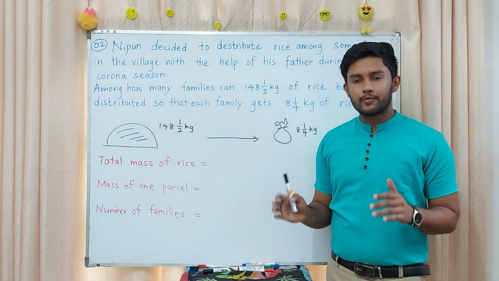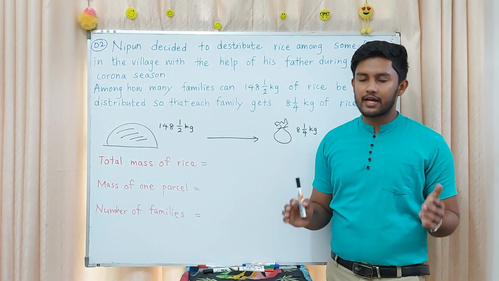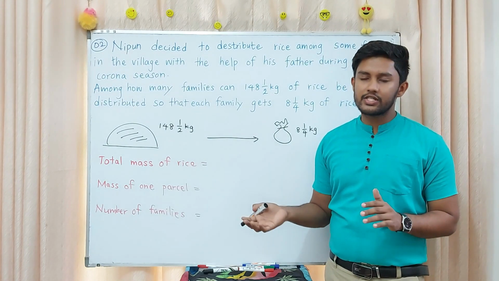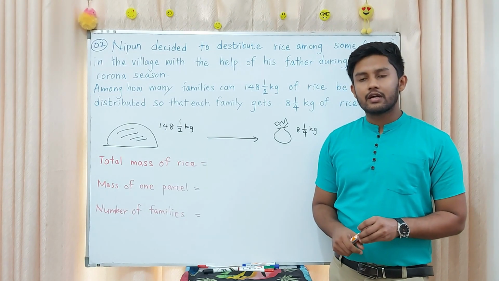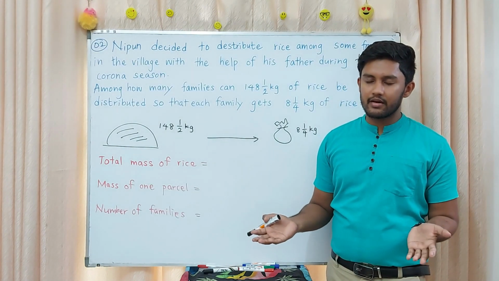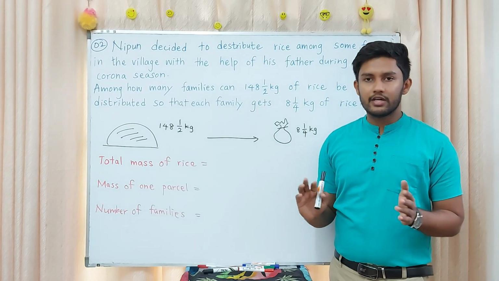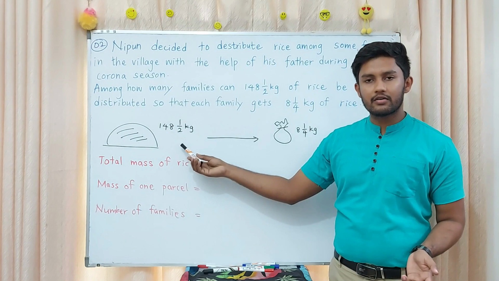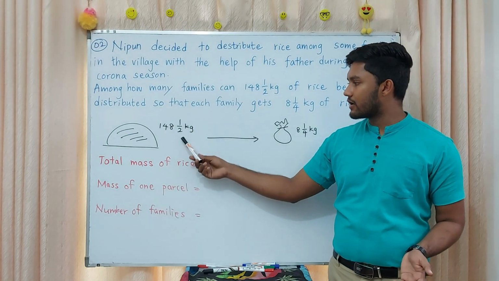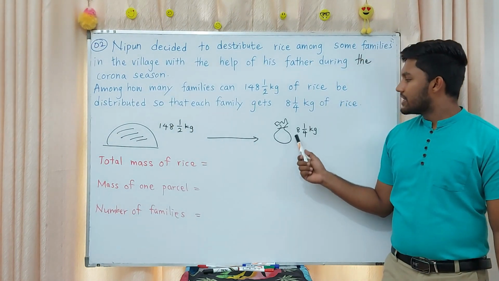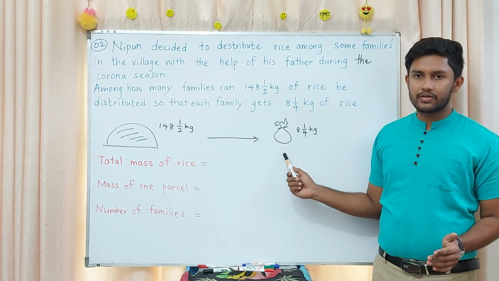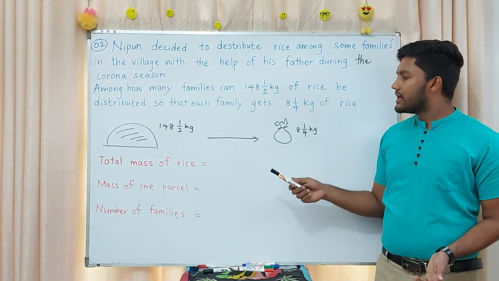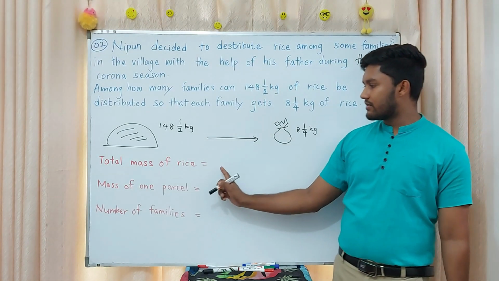Yes, Nipun decided to distribute some rice and he is going to parcel them for each family. The total amount of rice is 148 1/2 kilogram, and he is going to distribute each parcel with 8 1/4 kilogram.